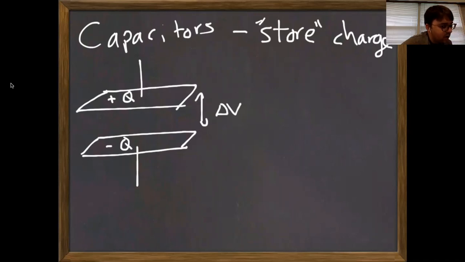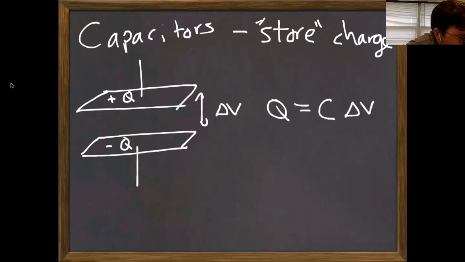So just like a battery or just like a resistor with current flowing through it, a capacitor is something that might end up in a circuit and it might have some delta V across it. And that delta V depends on how much charge is stored, and it depends through the following equation. Q is C times delta V.